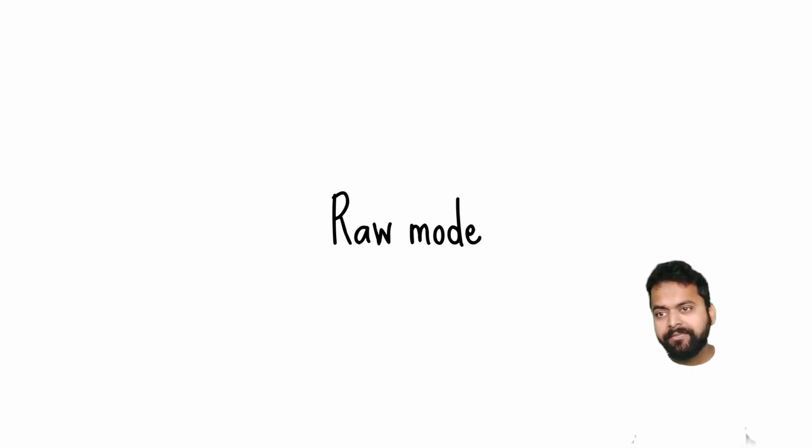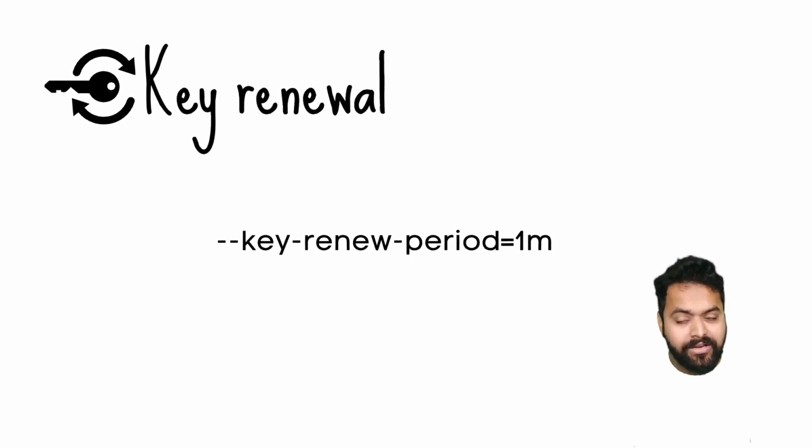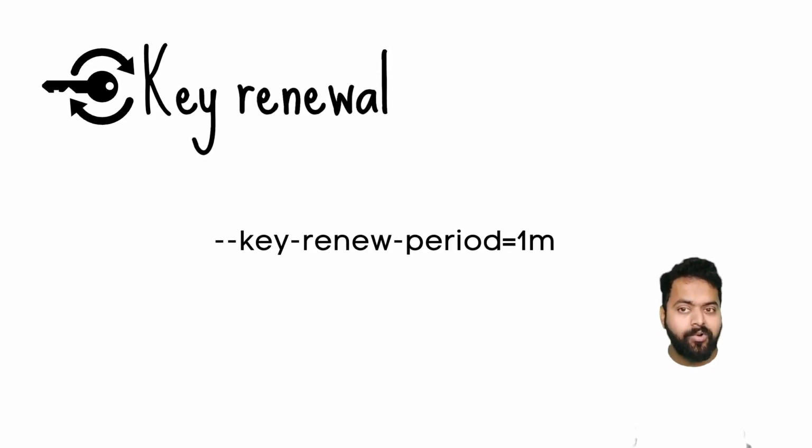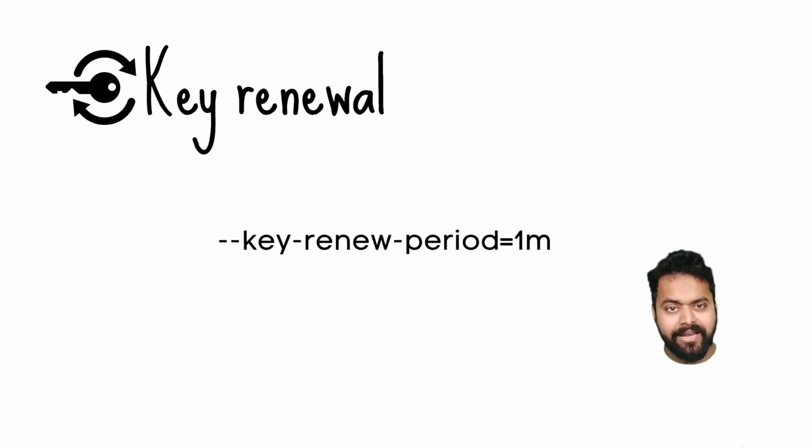So even if we are having sealed secrets, it's always a good idea to have key rotation or user secret rotation as well. In the sealed secret controller, since it also looks after the keys, we can mention this flag with which sealed secret automatically generates a new key pair and uses it.